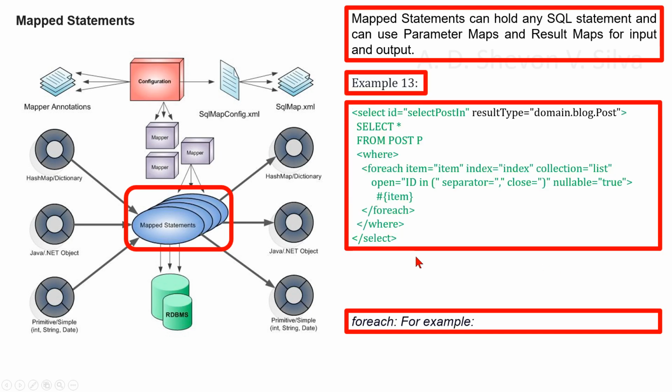We can consider foreach, for example, here. Another common necessity for dynamic SQL is the need to iterate over a collection, often to build an IN condition, for example, here.